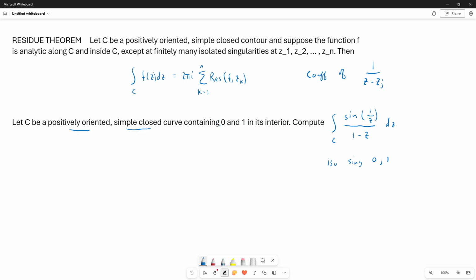So first let's talk about the residue at 0. We'll just call this whole function here f. So the residue of f at 0 is equal to the coefficient of 1 over z, 1 over z minus 0, in the Laurent series for this function.